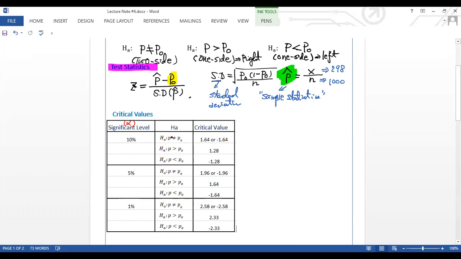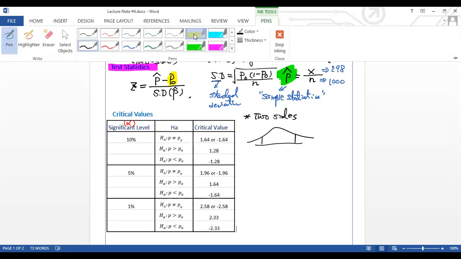So here, this is your HA. If it's not equal, two sides, then your critical values are 1.64 and negative 1.64. If you are inside those rejection regions, then you will reject. Let's take a look at what the two sides mean.